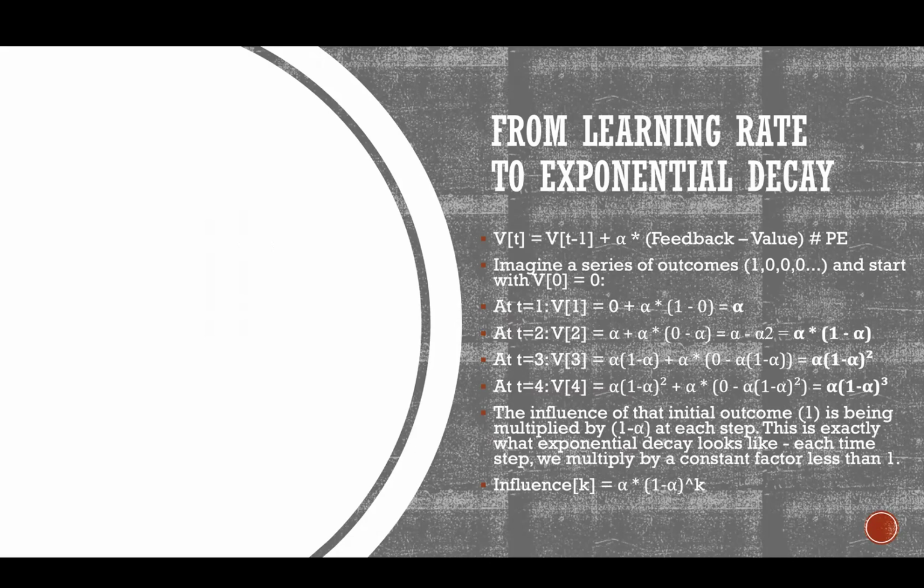So let's imagine that we have a series of outcomes, 1, 0, 0, 0, because it makes the calculations easier, and start with an expected value of playing 0 equal to 0. So at t equal 1, the expected value of playing 0 at time 1 is given by the previous expected value, which was 0, plus the learning rate multiplied by the feedback, we got 1, minus the expected value, which was 0.